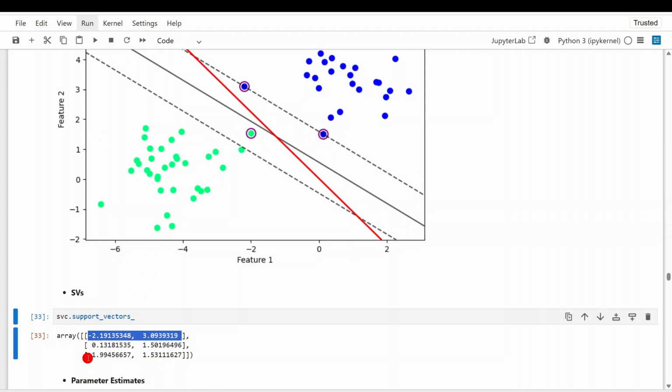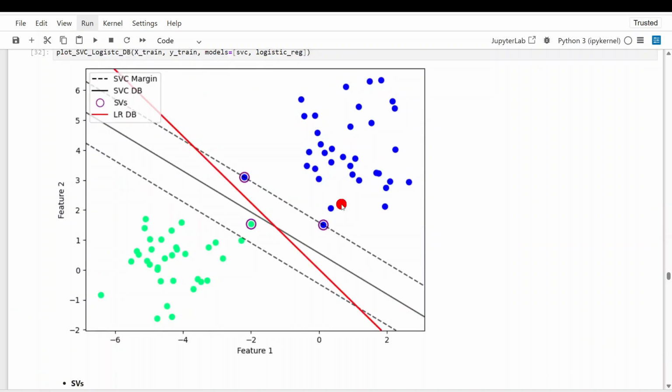And the third one, minus 1.99 and 1.53, this point. Therefore, these three are the support vectors for our support vector classifier decision boundary.